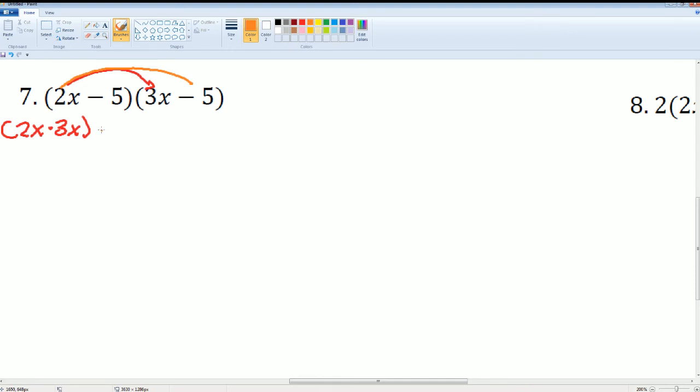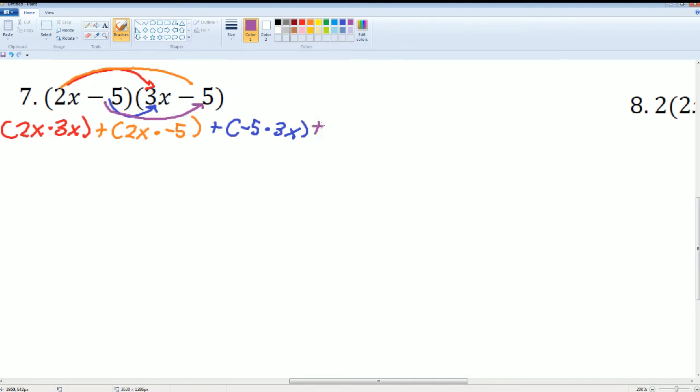Let's see, this time plus 2x times negative 5. Okay, then your inner, negative 5 times 3x. And then your last, negative 5 times negative 5.